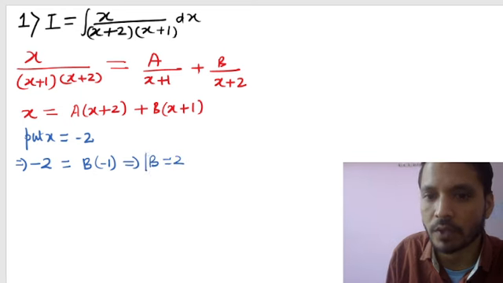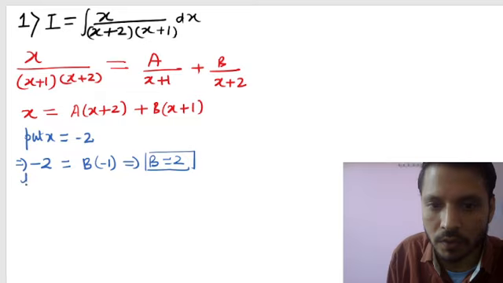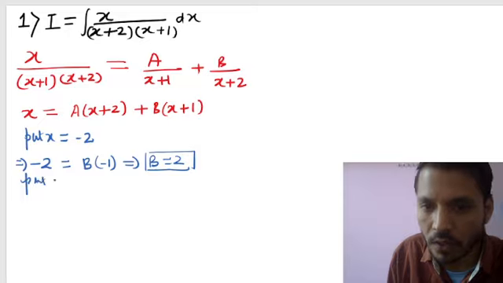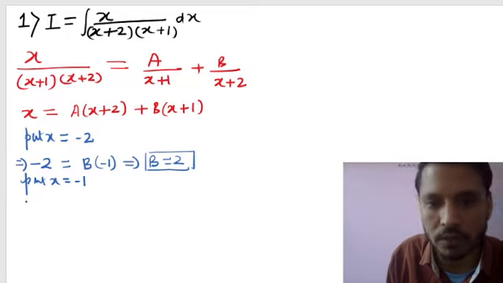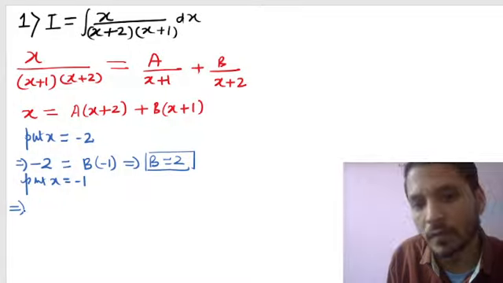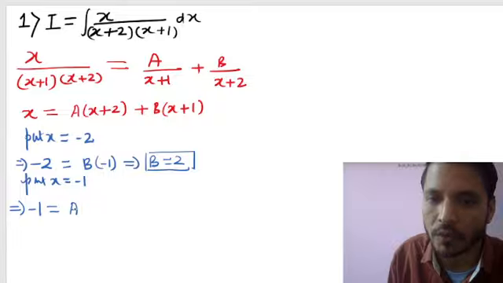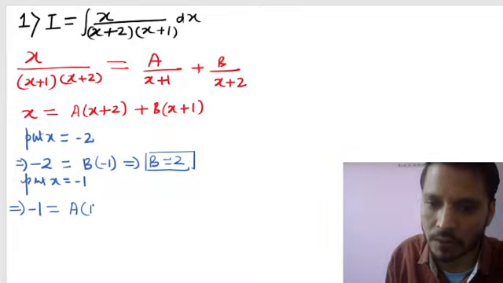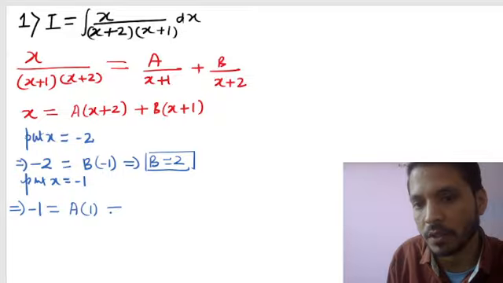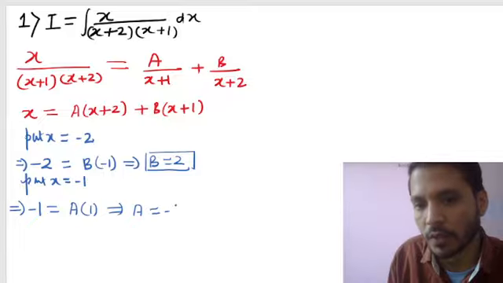Now next we are going to put x is equal to minus 1. So if we put x equal to minus 1, this will become minus 1, this is equal to a into (minus 1 plus 2), that is plus 1, and this part is going to become 0. This means a is equal to minus 1, right?